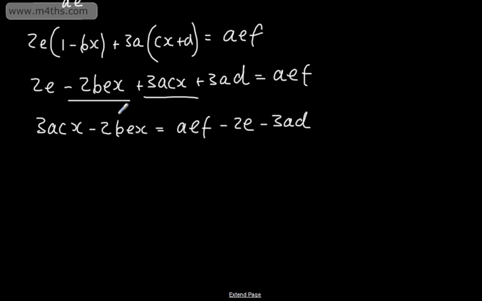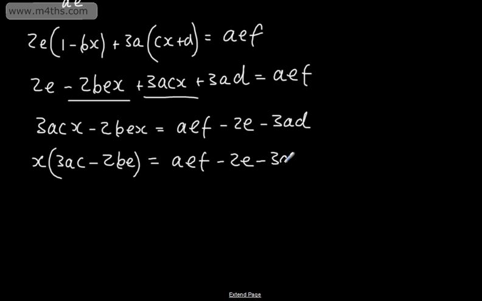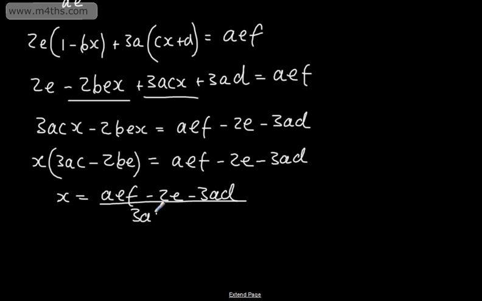Factoring now the x out from here, x is common, that's going to leave me (3ac minus 2be), and that will be equal to aef minus 2e minus 3ad. Dividing by the bracket, we have (aef minus 2e minus 3ad), all divided by the quantity (3ac minus 2be).